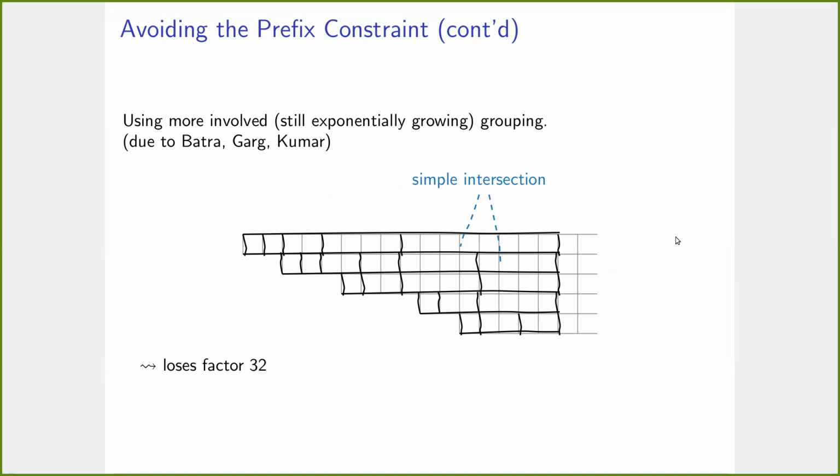So we can define this exponential growth, which also satisfies that each rectangle is basically half of the rectangle to its top. And this exponential grouping was defined already by Batra, Garg, and Kumar. One of the disadvantages is that it loses a factor of 32, which, since we are aiming for a small constant, is already quite large.